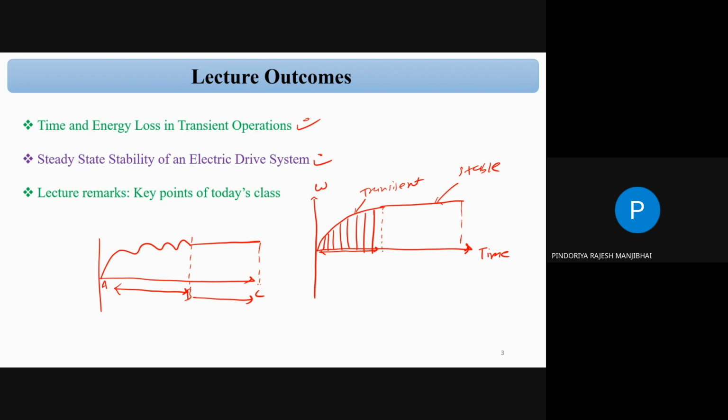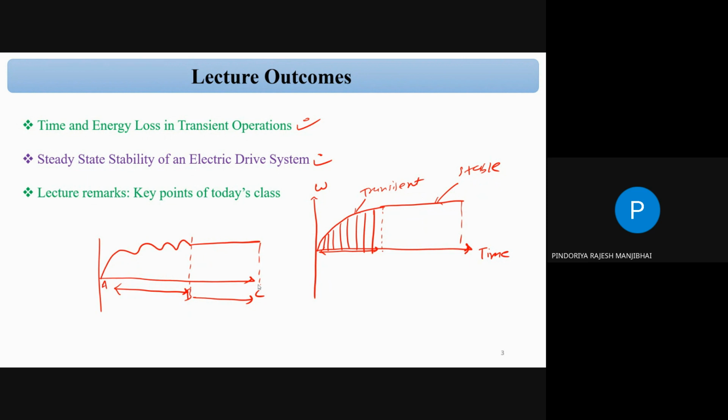In the case of steady state response, there are no energy losses. Our motor is rotating at a steady state speed, so there is no dynamic operation, no transient losses. We consider our efficiency 100% depending on your system.